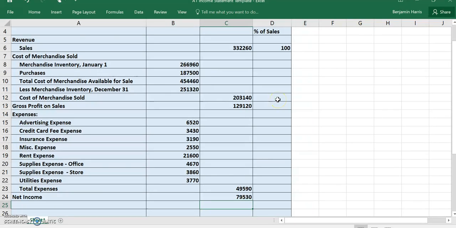To find out how much each of these numbers is in relation to our net sales, we simply divide the number by the total sales amount. So we're going to hit equals that divided by total sales, and we're going to get 0.61 or 61%. We're going to get 38% here, close to 39.